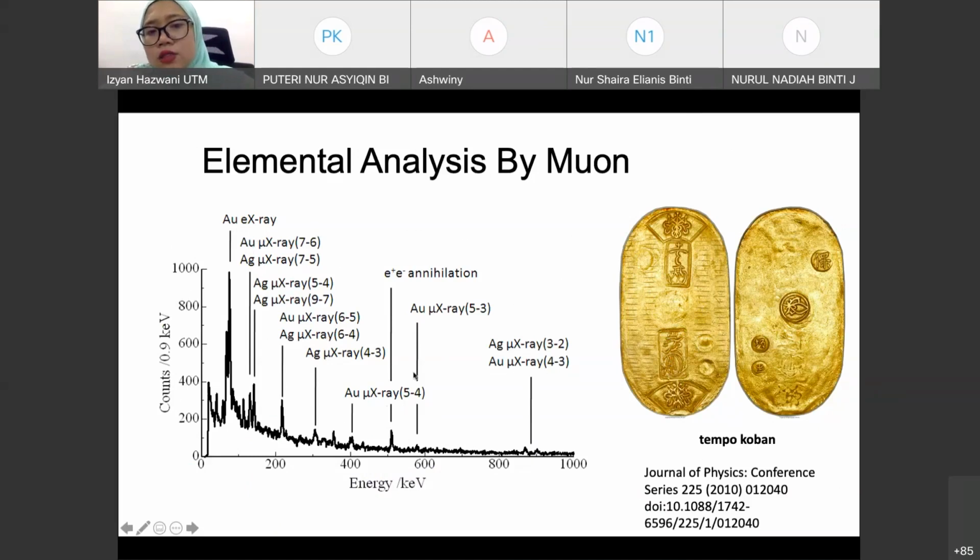This is some composition. So we can say that there is some composition of these two inside here, and then we can extract the percentage analysis for the Tempo Koban. It has been published in this paper.